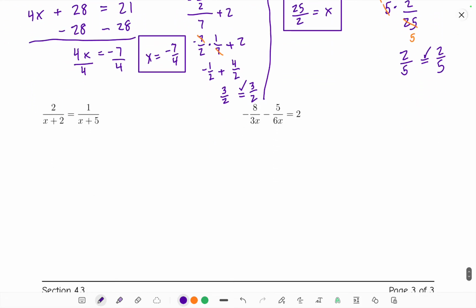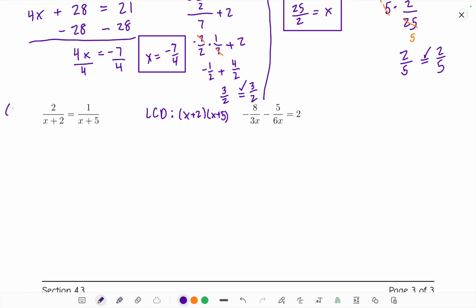Okay. 2/(x plus 2) equals 1/(x plus 5). Now we haven't found an LCD for these kind yet, but x plus 2 and x plus 5, they have an x in common, but because it's being added, it's not a factor. So the LCD here is just multiplying the two denominators together.